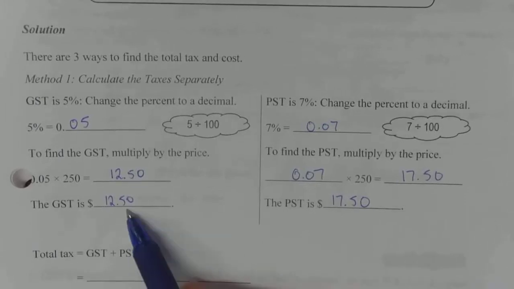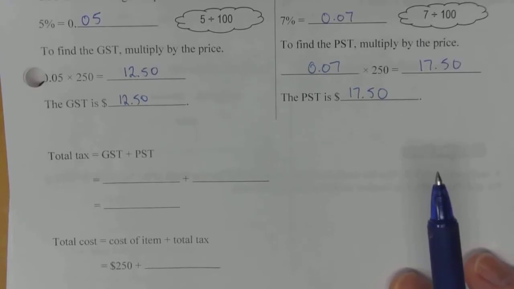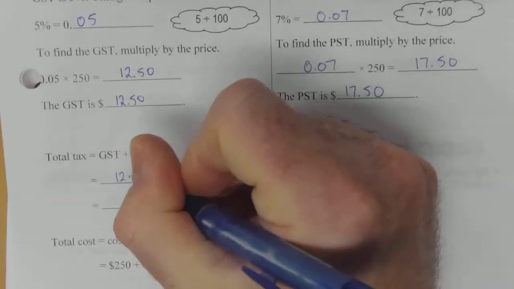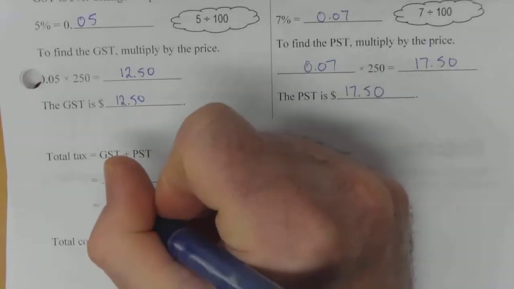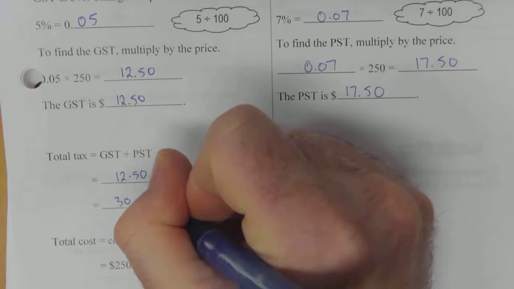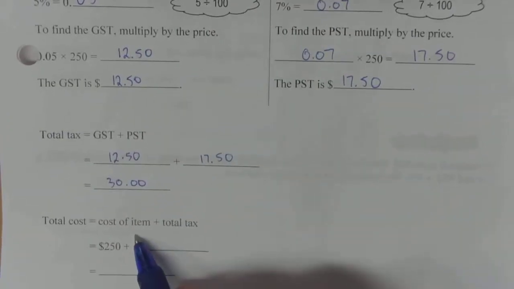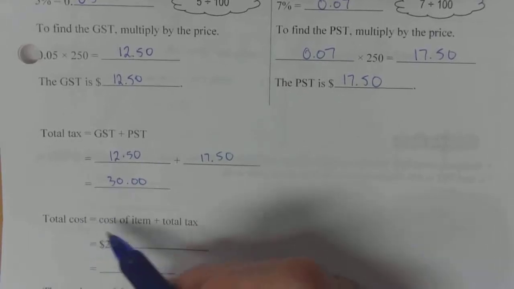So we have a GST calculation, we have a PST calculation. Now we can add those together to get the total tax. So $12.50 for the GST, $17.50 for the PST. When you add that together, it's $30. So the cost of the item plus the total tax will give you the total cost of what you actually need to have in your pocket ready to pay.